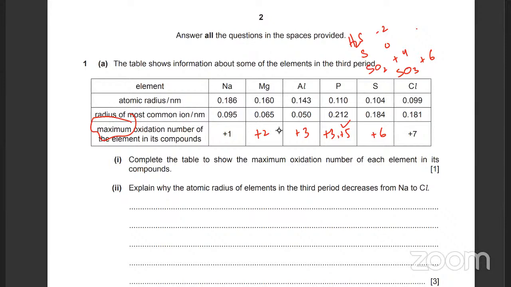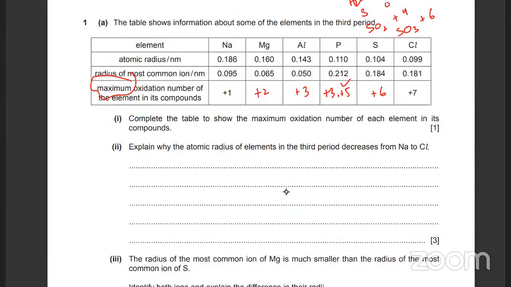As for the next one, explain why the atomic radius of the third period decreases from Na to Cl. Again, 3 marks. So what happens when you move to the right? When you move to the right, nuclear charge increases, shielding effect remains constant. So your nuclear charge increases, more protons, and the same number of shells.